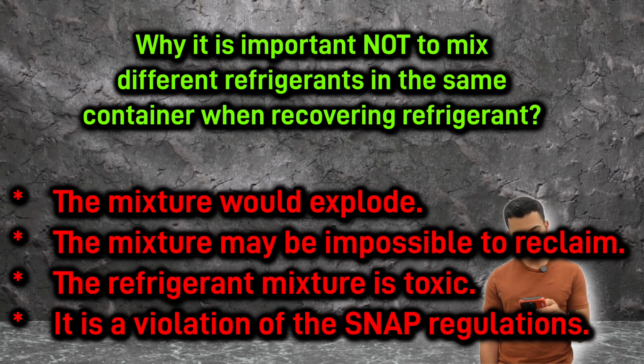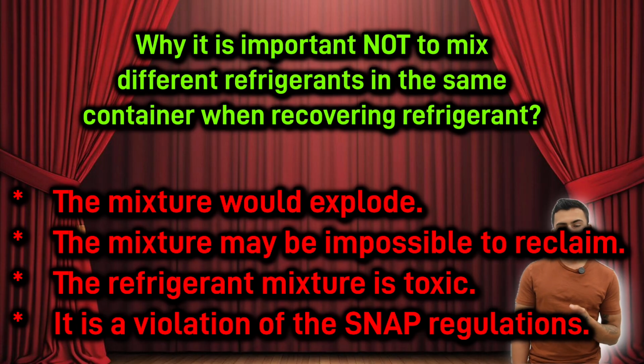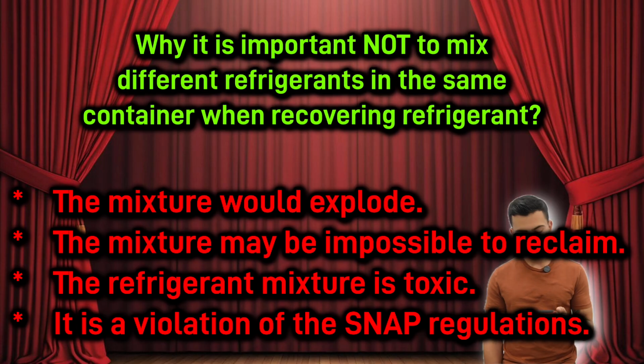So that would be the answer right there. The mixture would explode? No, it wouldn't necessarily explode. The mixture would just be impossible to reclaim. The refrigerant mixture is toxic? It is a violation of the SNAP regulation? No, it would just be impossible to reclaim.